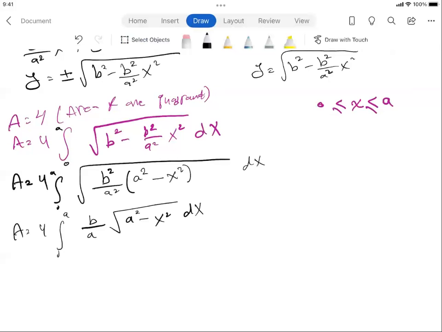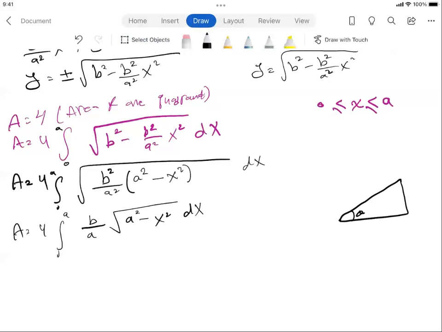This can also be solved using trig substitution. So if I have a triangle, I have my theta here.